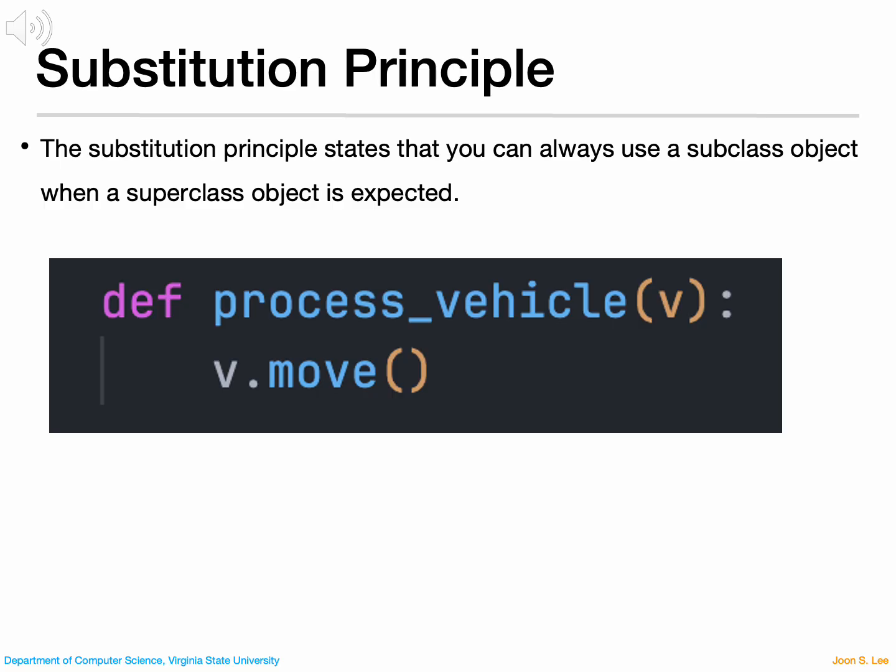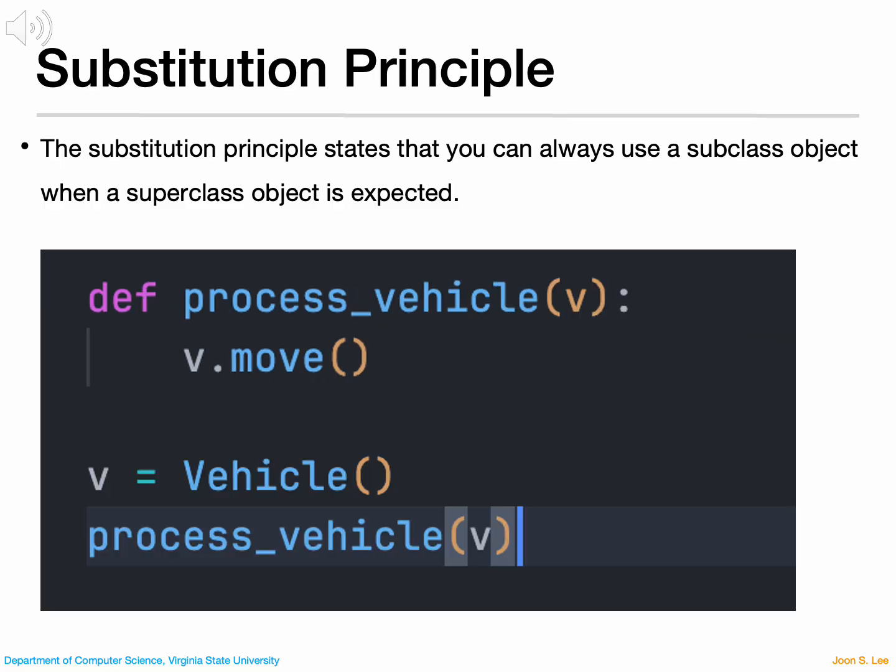Instead, Python simply assumes that whatever object we pass in has a move method. So if we pass in a car, a bike, or any object that has a move method, this function will work. This is why the substitution principle still applies in Python, but it is less visible. We are not checking the type, we are relying on the behavior.